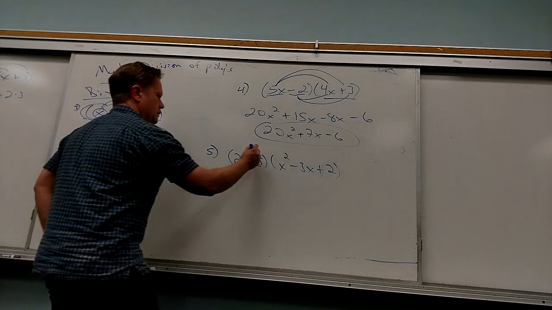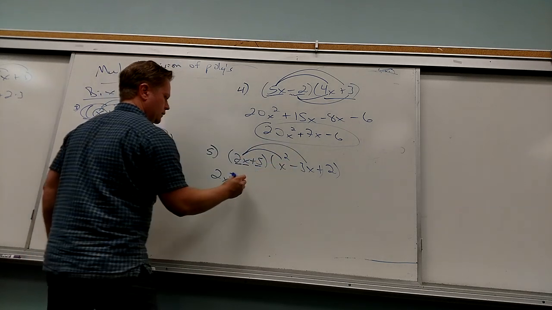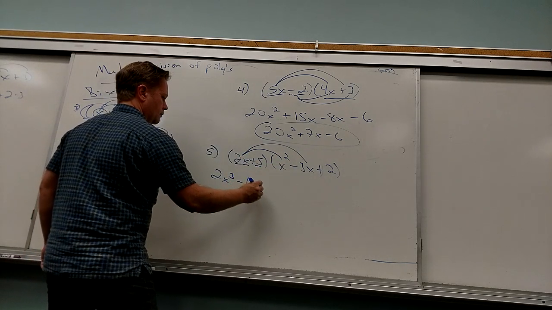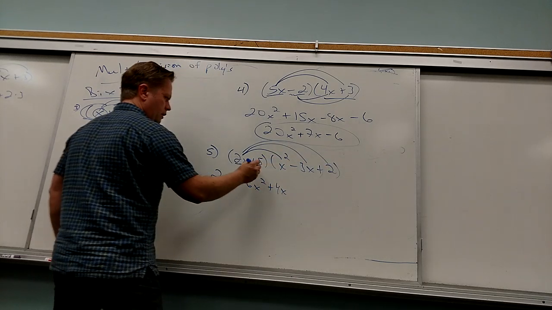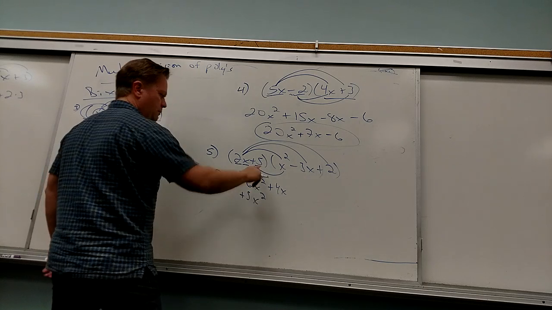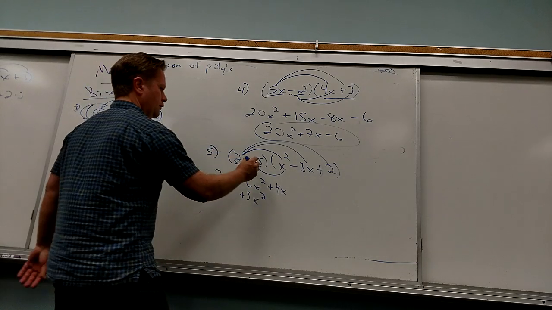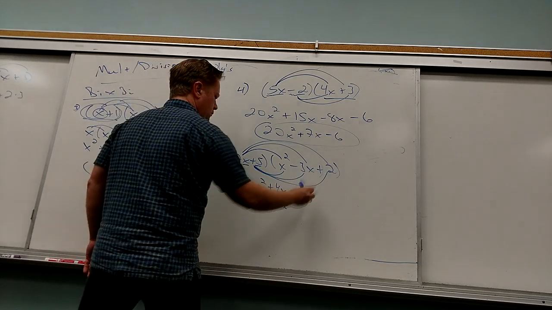So what do you get here? You get 2x times x squared, 2x cubed. 2x times negative 3x. 2x times 2. And then you get 5 times x squared. I'm going to line up my like terms. 5 times negative 3x. 5 times 2.